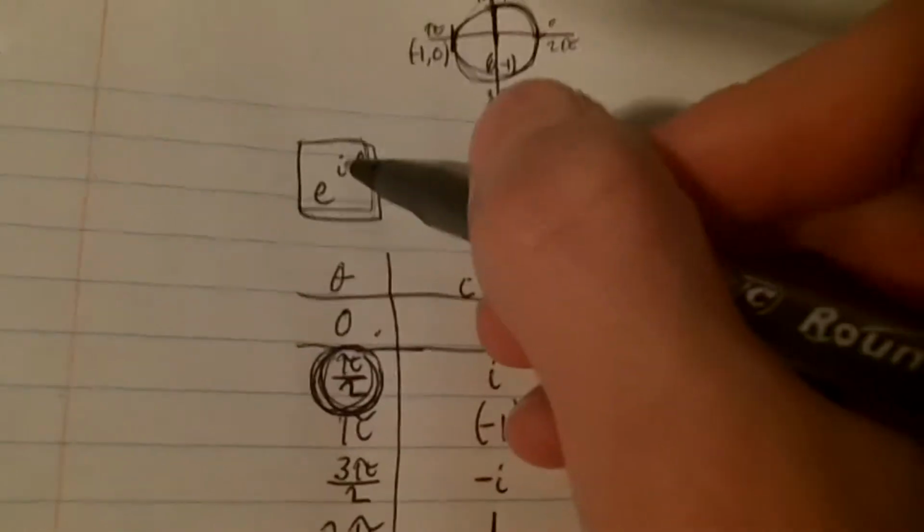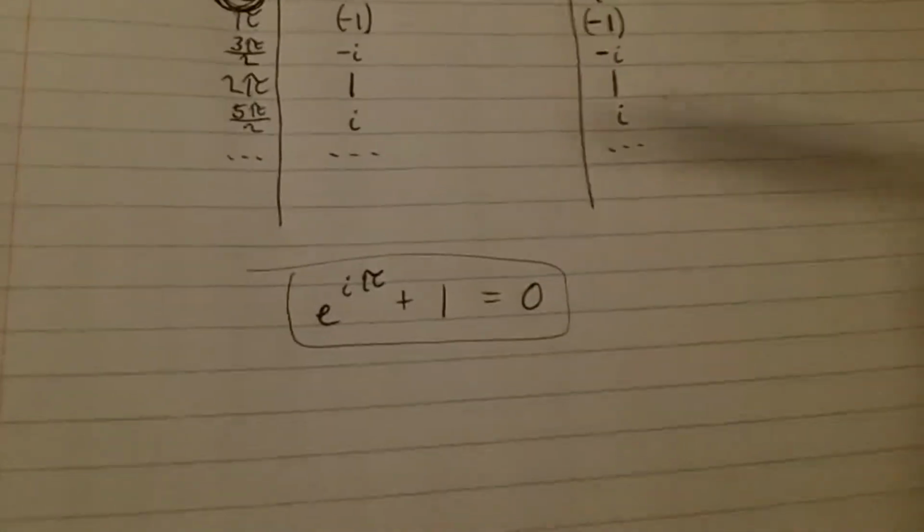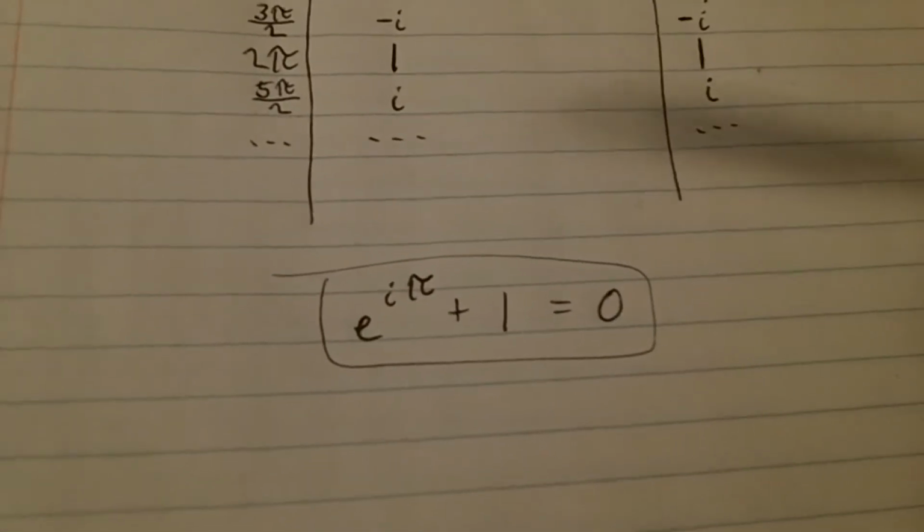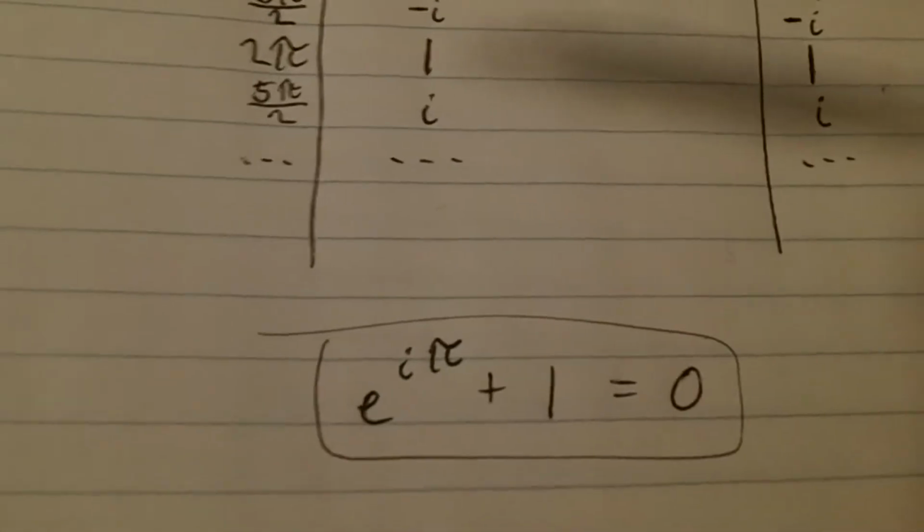So with simple algebraic manipulation, we get e to the i pi plus 1 equals 0. And that's certainly good.